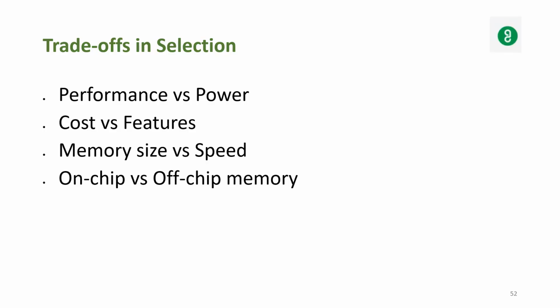If memory size is big, speed will be less. And you have on-chip versus off-chip memory, whether you have to go for on-chip memory or off-chip memory. So the first trade-off is performance versus power. Next is cost versus features. If cost increases, features also increase. Then memory size versus speed, and on-chip or off-chip.